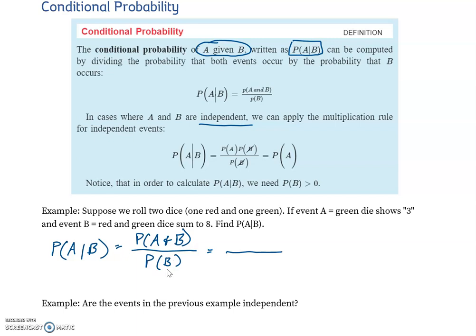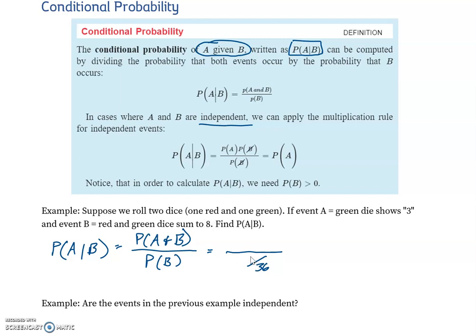What's the probability of B? B is that the sum is 8. From doing quite a few dice problems, we always assume, unless we're told otherwise, that these dice are six-sided. We know that there are 36 possible outcomes. So we just need to know how many of those 36 give us a sum of 8.